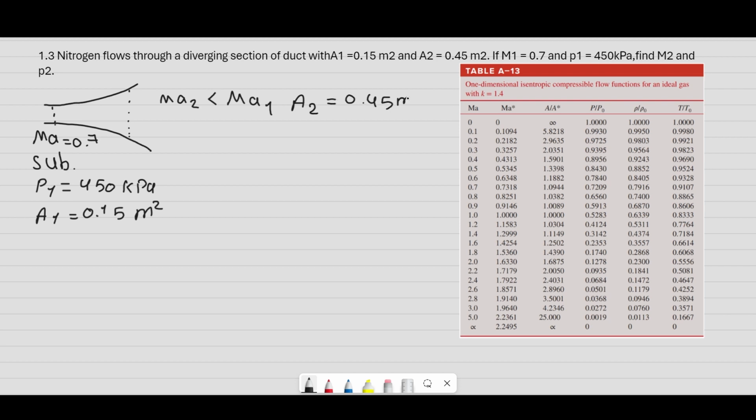0.45 square meter. From previous video, we already know that in isentropic flows, stagnation pressure and temperature is going to remain constant. So P0 1 is going to be equal to P0 2, and we know that the relation between P and P0 is like this.